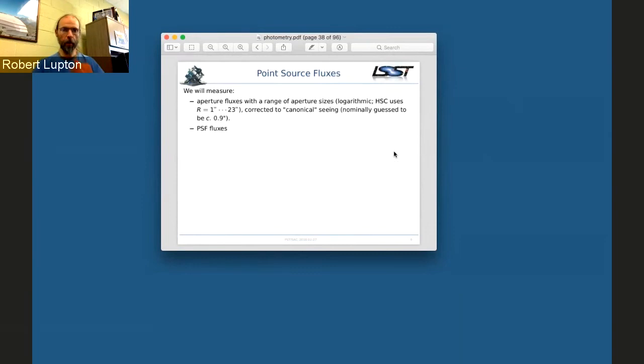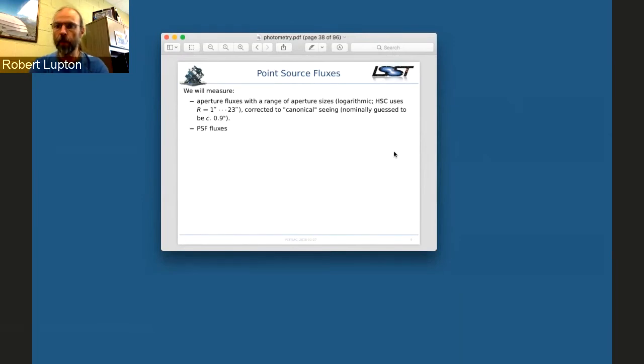Okay, so point sources. We will measure, in fact, we're already measuring, aperture fluxes with a range of aperture sizes, logarithmically spaced, which means you get roughly constant signal to noise per aperture for some particular profile. You don't really get constant signal to noise, but sort of.